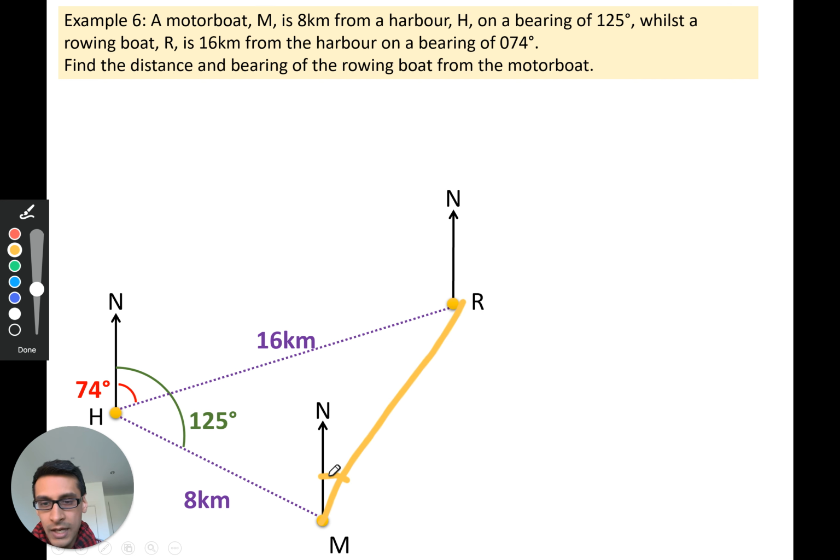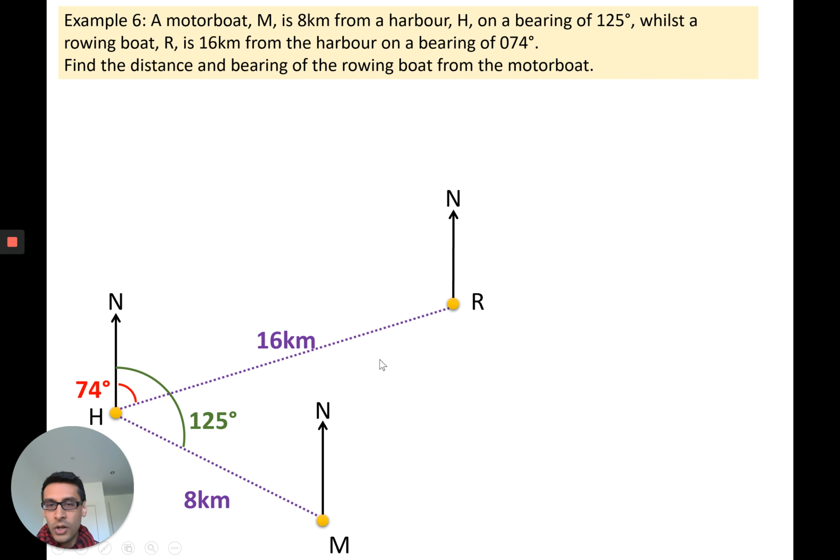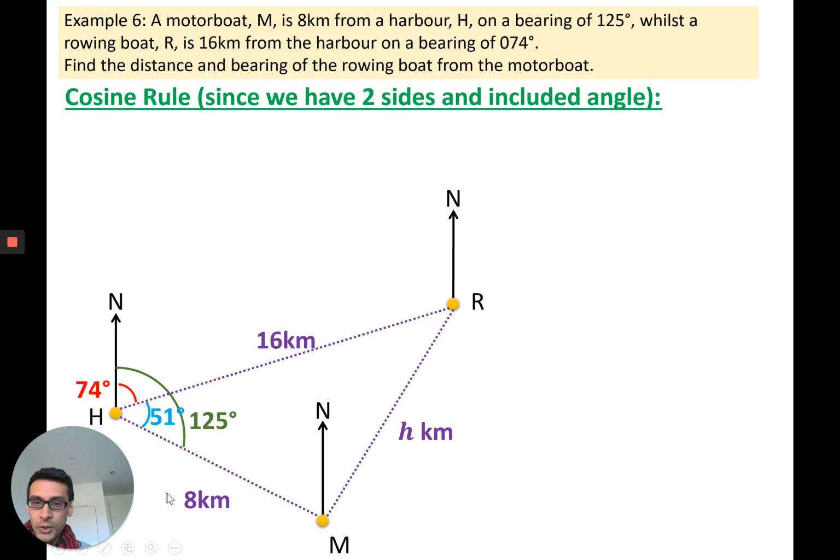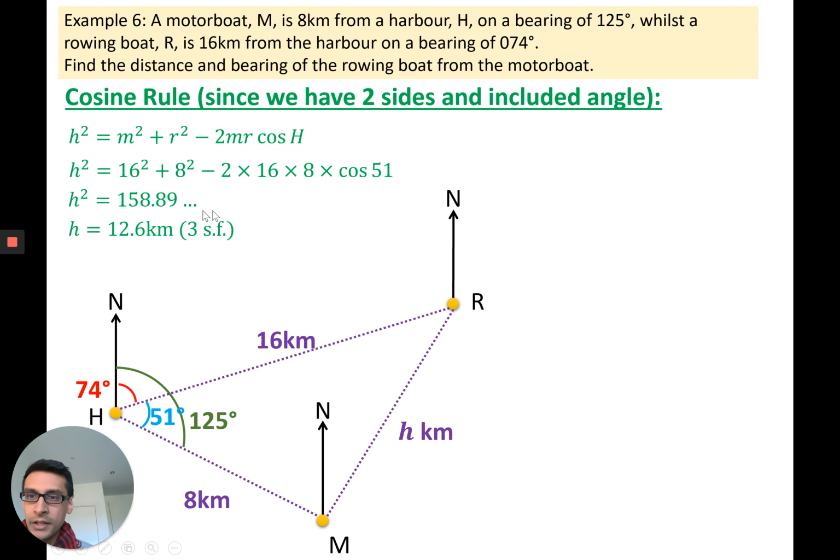Okay, so if I'm going to try to pull that page, that's in code because we've got two lengths, 80 and an angle in between is 50. You've got that 74. You can put this in and replace that 12.6.